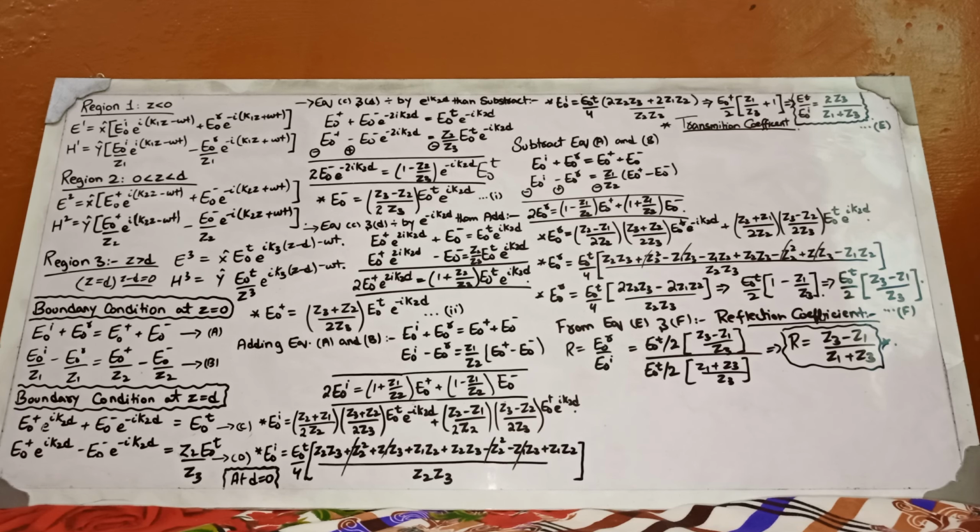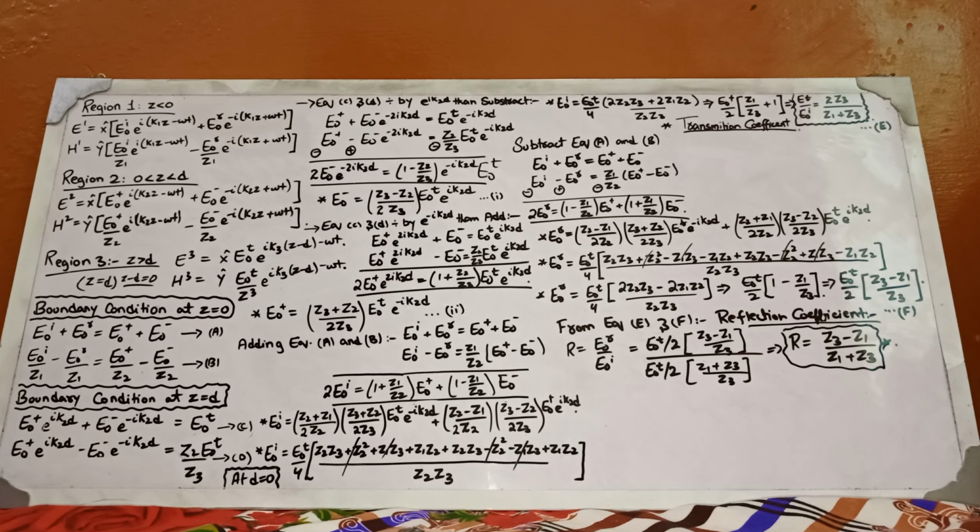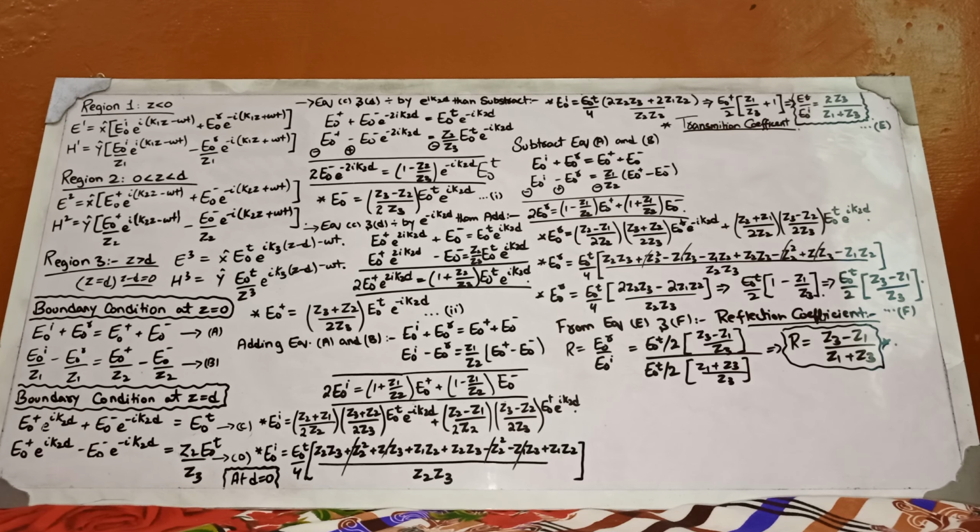As we know, the transmission coefficient is equal to E naught t divided by E naught I, whereas the reflection coefficient is equal to E naught r divided by E naught I. So we need the values of E naught I, E naught t and E naught r to find the relations. Let's find these respectively, so that it's easy for us to find the reflection and transmission coefficients.